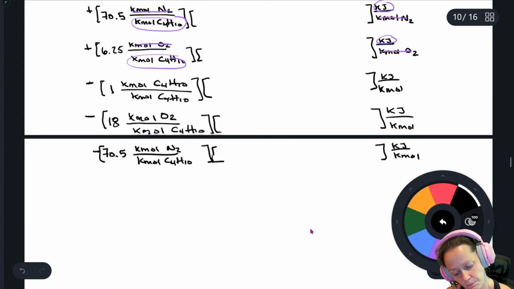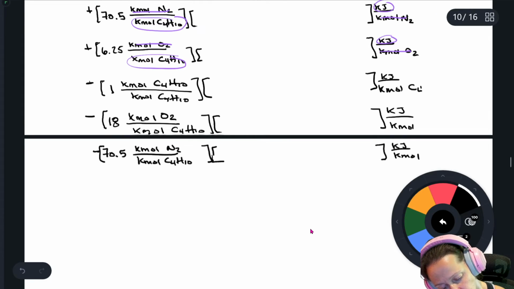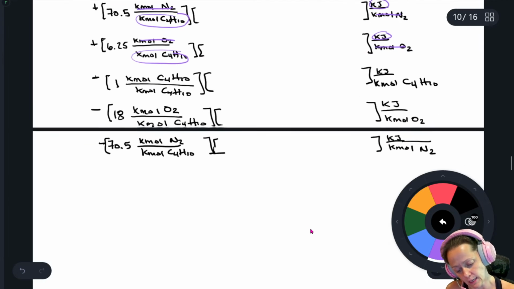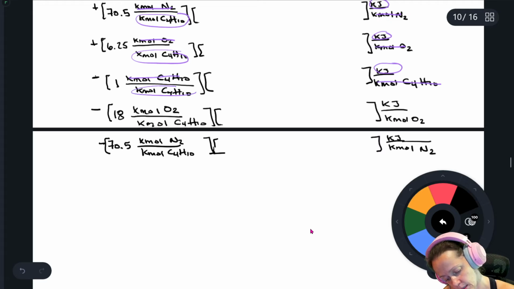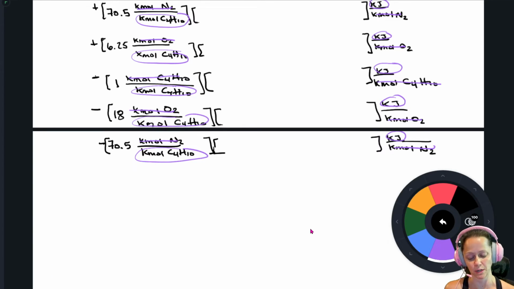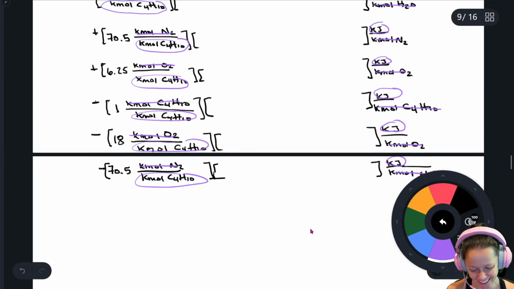That should be C4H10, but this second one should be kilomoles of O2, and this should be kilojoules per kilomole of nitrogen. So you can see again, that guy, that guy, this guy, that guy, everything's going to give us kilojoules per kilomole of fuel, which is what we wanted in the first place.